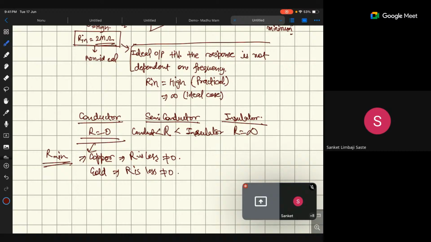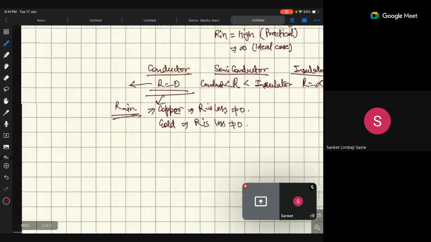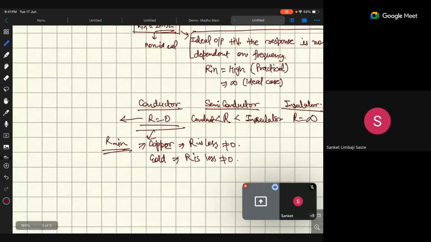Only some materials are available where the resistance is 0, and that is not a material, that is a property of the material. This is called the superconductor. I don't know if you have heard this name. That is the property of conducting materials.